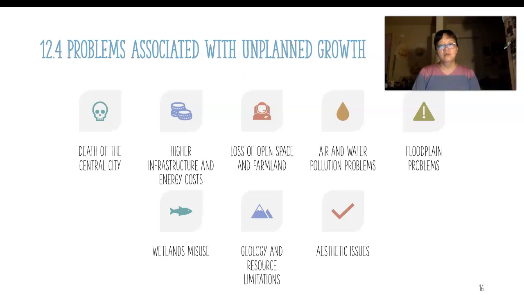The problems associated with unplanned growth, and I use megacities and metacities as extreme examples, are death of the central city, higher infrastructure and energy costs, loss of open space and farmland, pollution, floodplain problems, and wetlands misuse. There are a lot of problems that can result from unplanned growth.